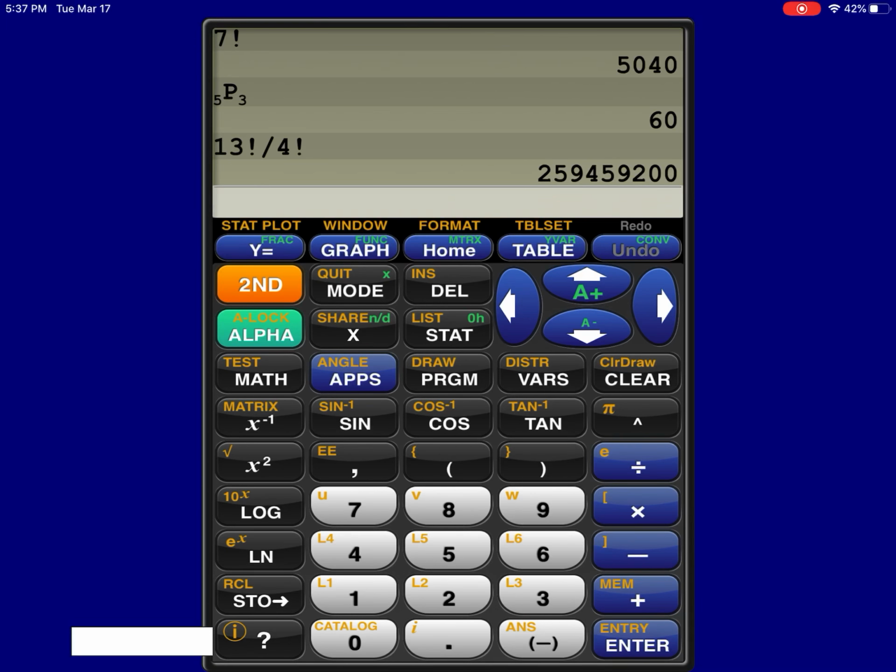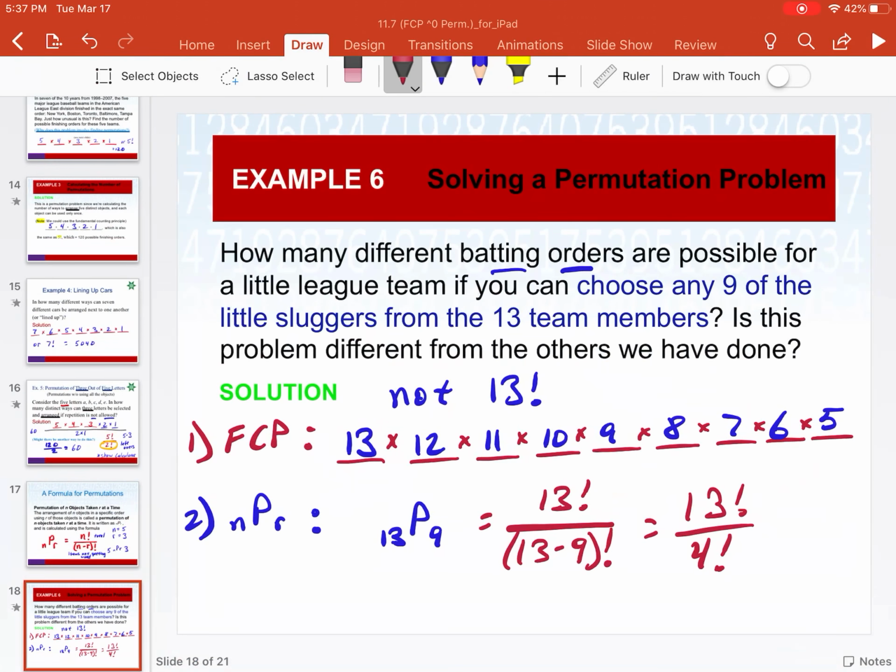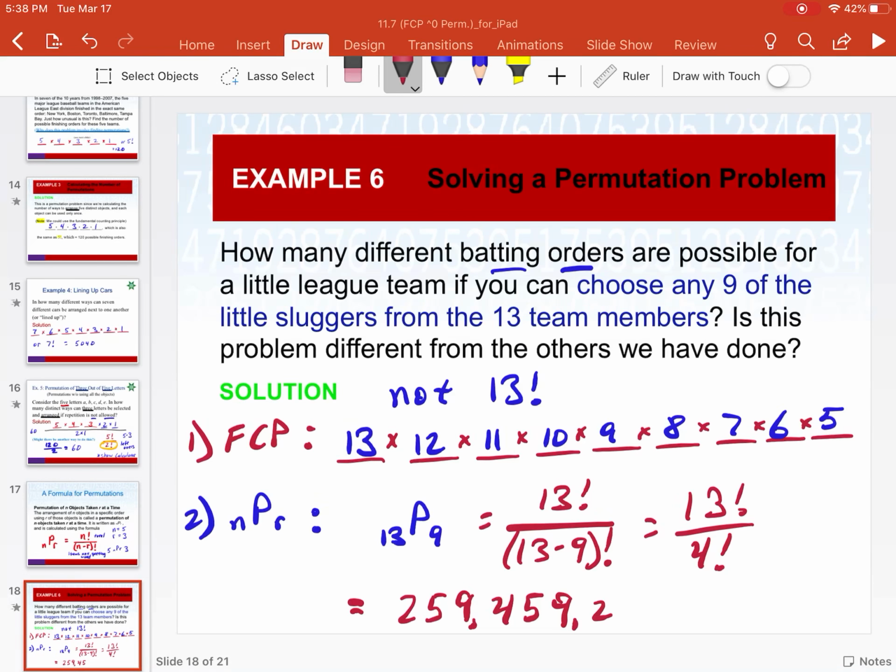All right, here we go. And the answer is 259,459,200. 259 million different ways you can arrange the guys.